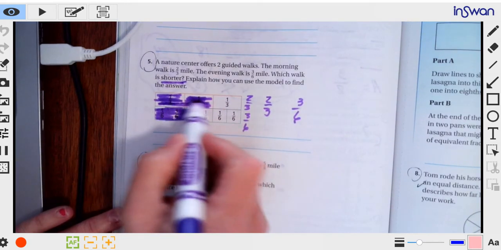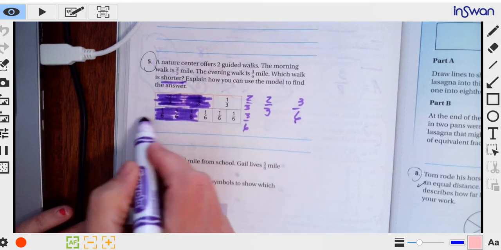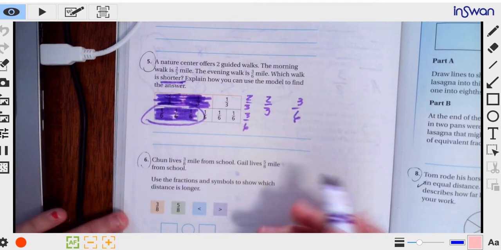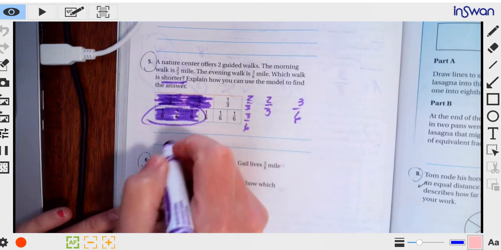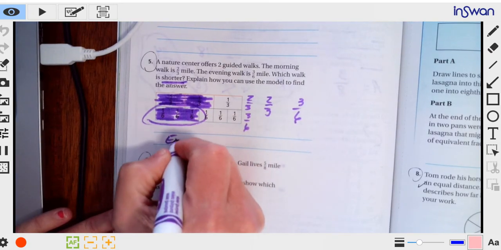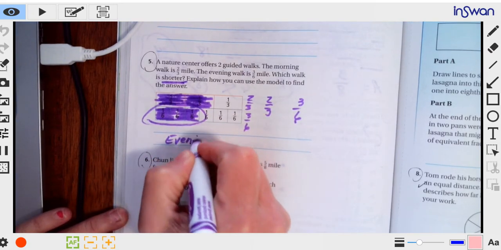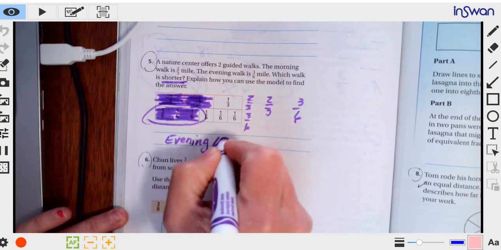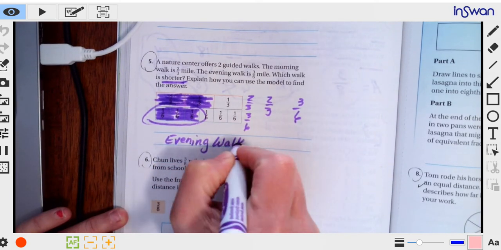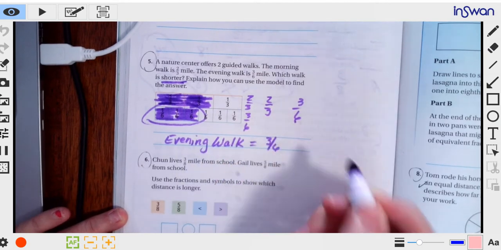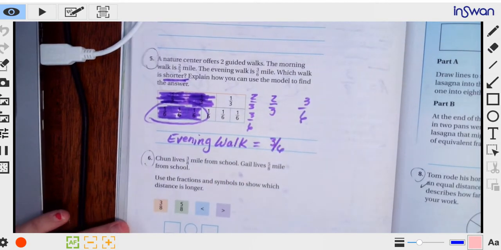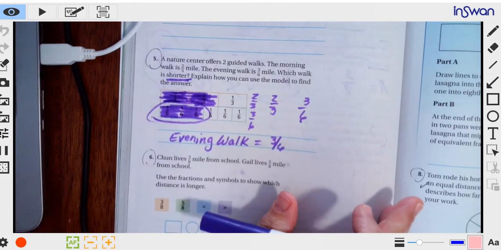Just by looking at the amount that's shaded, this is going to be smaller. It's a shorter walk. So the evening walk. It says which walk, so you have to tell them the evening one, 3/6. Okay. All right. Next one.